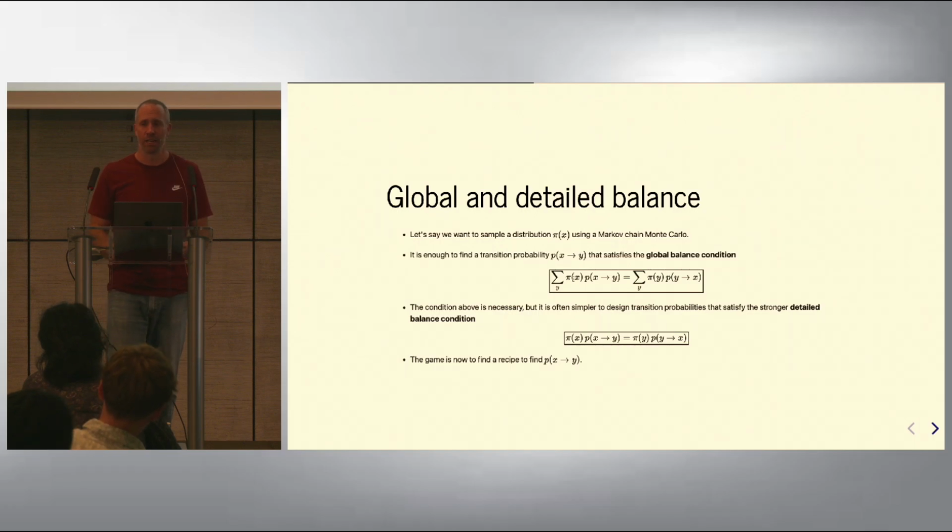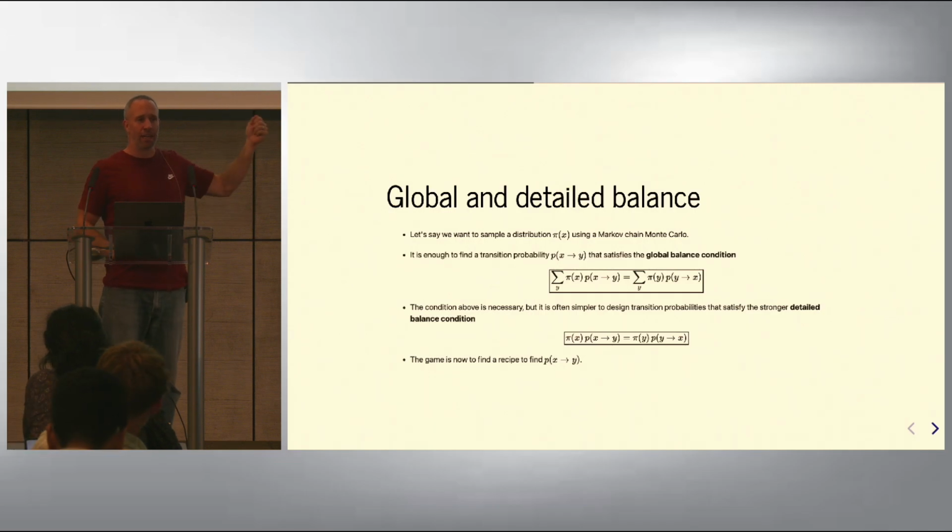Okay? But you see, it's not a trivial equation. It's not entirely obvious when I look at this, how will I find this transition probability? So most of the algorithms on the market don't necessarily try to find p's that obey the global balance condition, but they actually try to satisfy a stronger condition, which is sufficient but not necessary, which is the detailed balance condition, which is just a condition for all specific values of y.